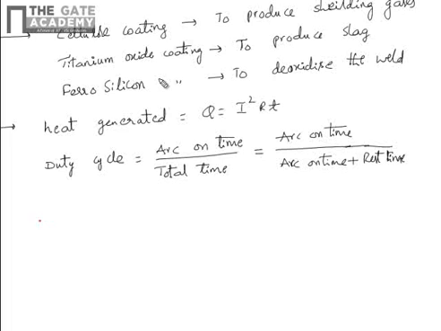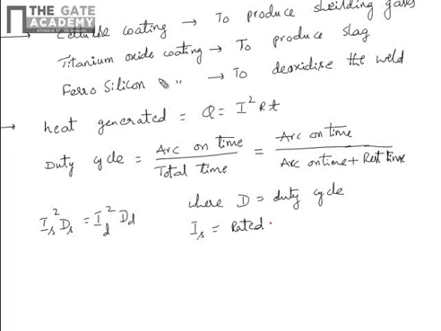This is duty cycle. I square S times DS equals I square D times DD. D is the duty cycle, I is the current, and S is the rated current, whatever current is mentioned on the nameplate of a particular equipment.